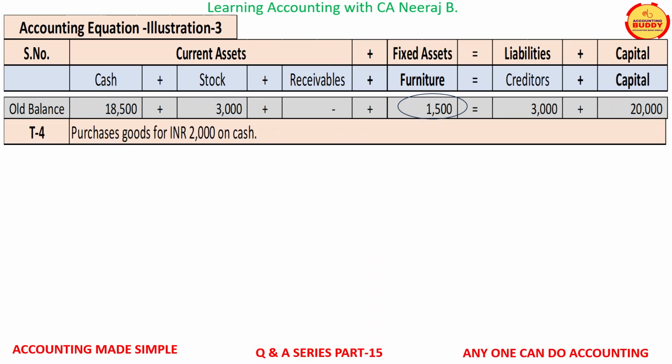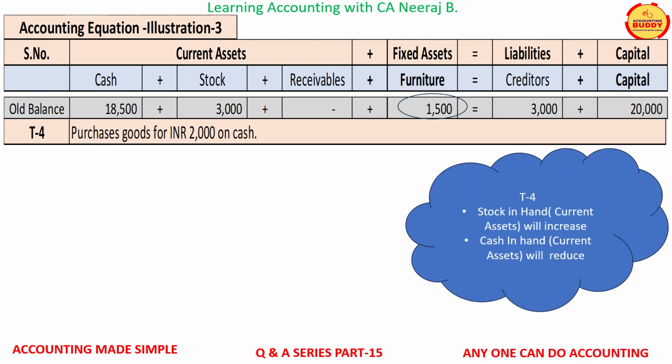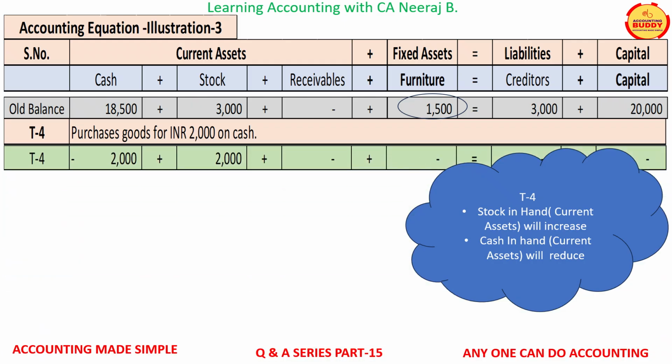Transaction T4 on your screens is Mr. Tolly purchased goods worth INR 2,000 in cash. If you analyze this transaction, stock and cash are the two accounts which are affected. Since both stock and cash are asset accounts, the effect of this transaction will be on the asset side of the accounting equation only.